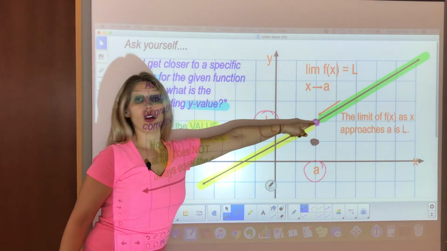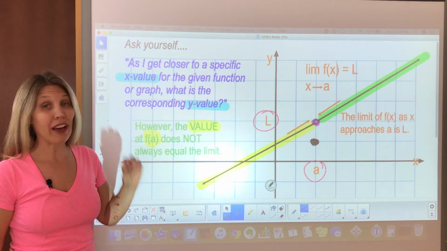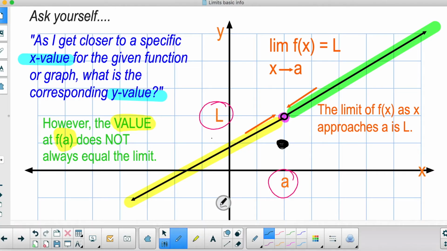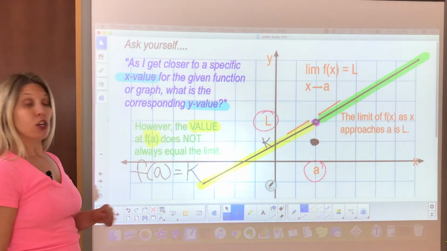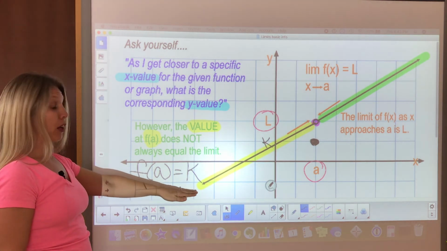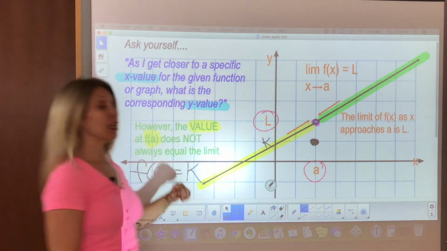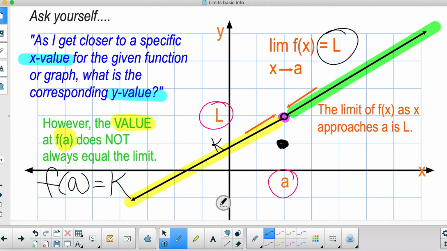Up here at L, that's an open circle. That value does not exist. But in this problem, if I call this line K, my value at a would equal K. Notice that my value answer is K, my limit answer is L.